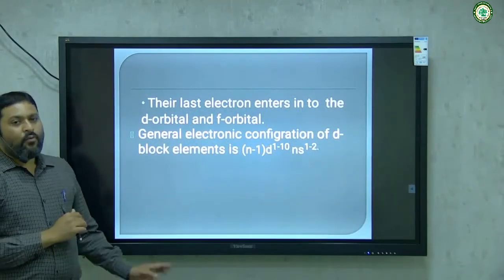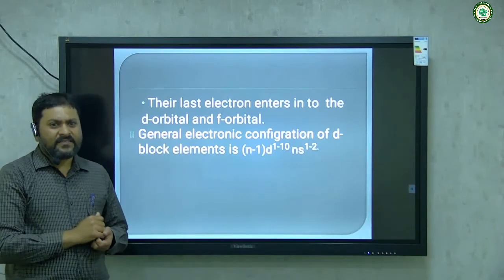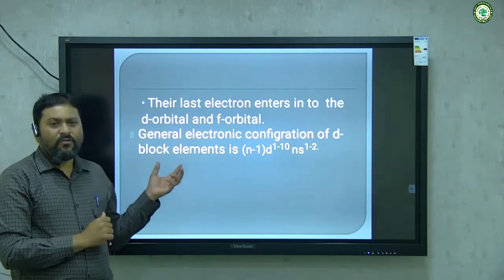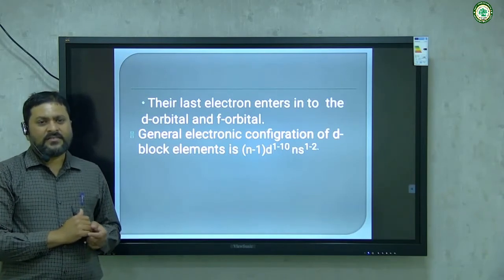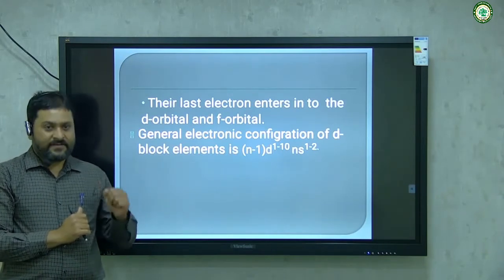Next, while studying the D block elements, first of all we have to study the transition metal elements, or transition elements, or D block elements.